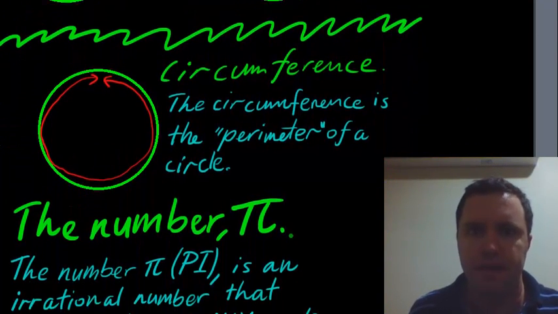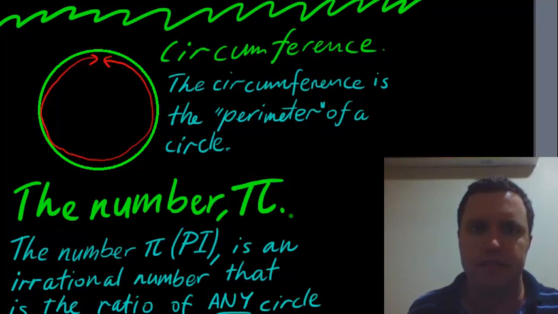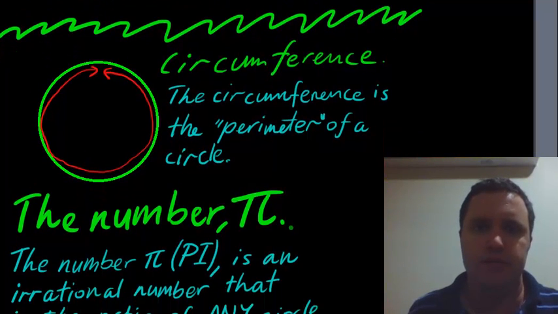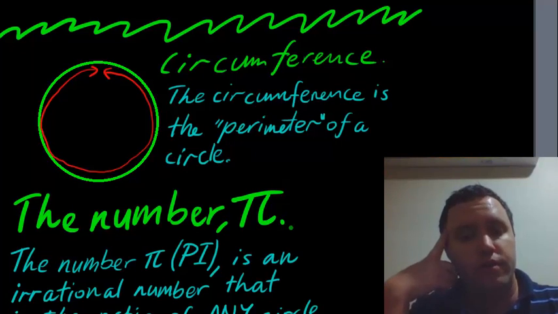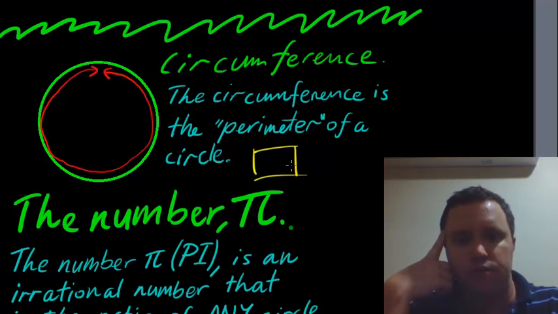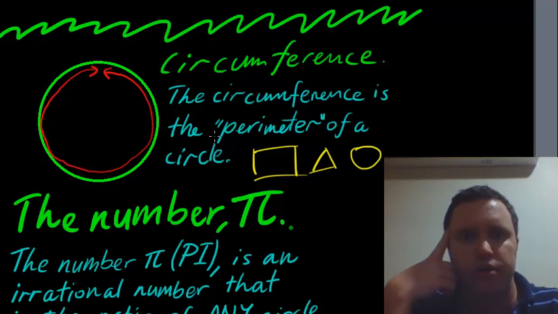What we need to talk about today is circumference. We've done perimeters before, so perimeters of squares, rectangles, triangles, and composite shapes of those, but we're also going to be talking about perimeters of circles. Circles are so special that they get their own name.